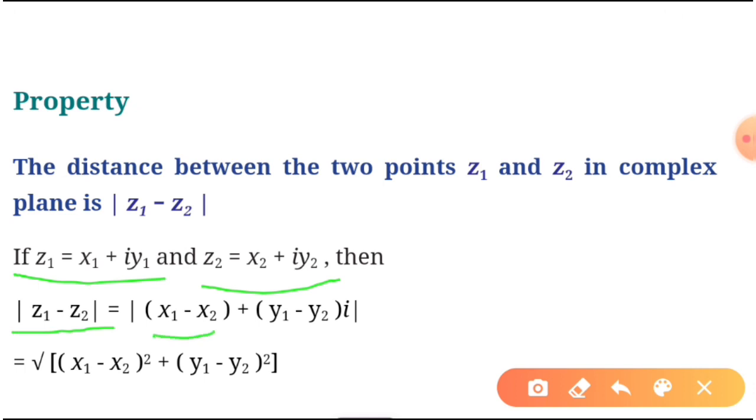How do we write this line? Look here, modulus of Z1 minus Z2. What is Z1? x1 plus i y1 minus (x2 plus i y2).